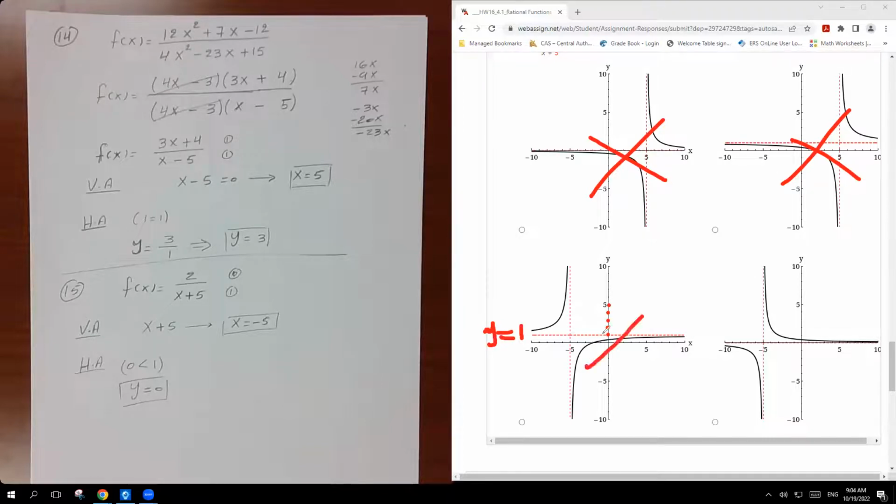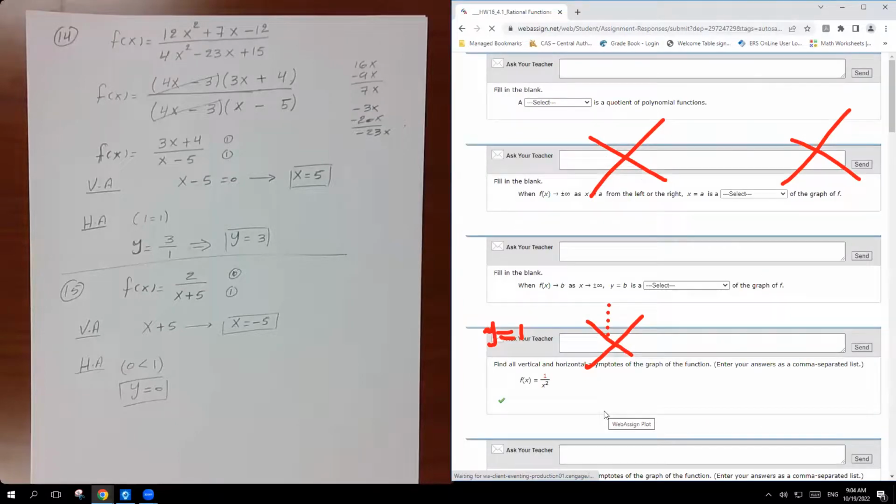So we can't choose this one because we need y equals 0. So here's y equals 0, and here's the vertical asymptote x equals negative 5. So we're just going to choose this graph. By just locating the asymptotes, we can figure out which one is the right graph.